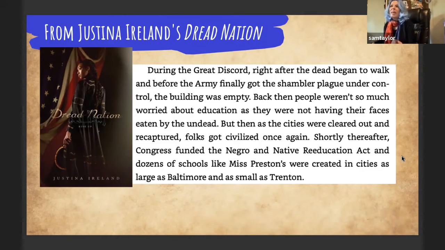The premise is that in the middle of the Civil War, at the Battle of Gettysburg, the undead rose up and completely diverted the war, because the armies now had to fight these zombie shamblers, as they're called in the story, and stop them from basically turning the United States into a nation of zombies.